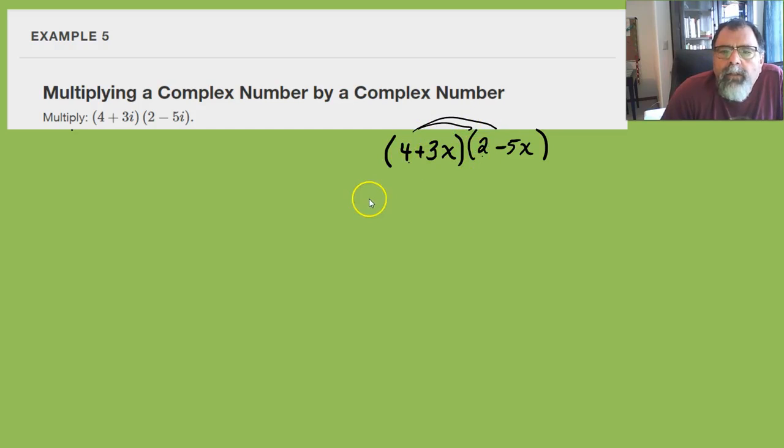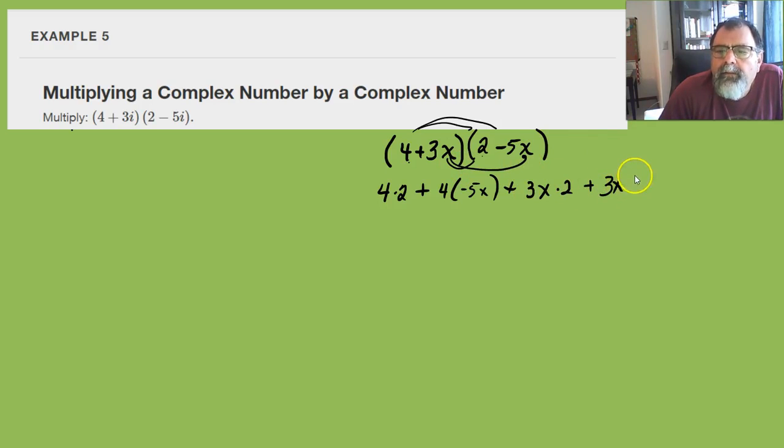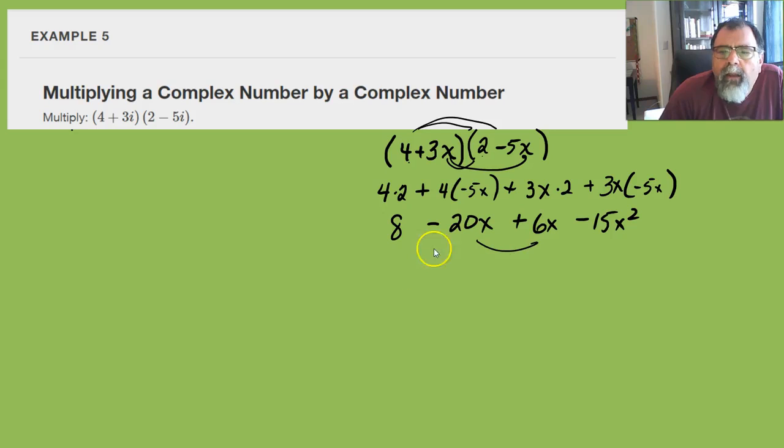So 4 times 2 plus 4 times negative 5x. So your first, outside, inside. Now we're going to do these. 3x times 2, and then 3x times negative 5x. And then you would get 8 minus 20x plus 6x minus 15x squared, and then you would combine the like terms, so minus 14x.